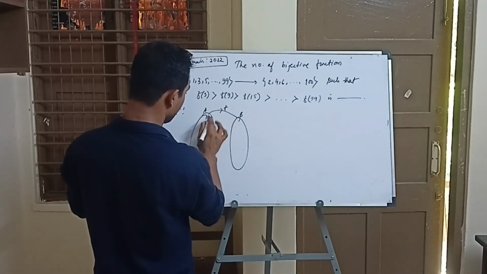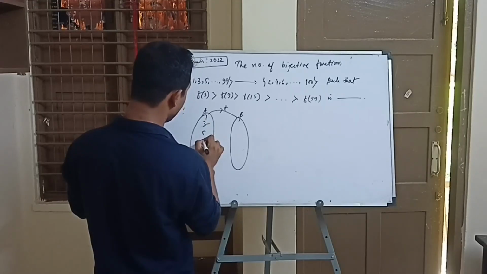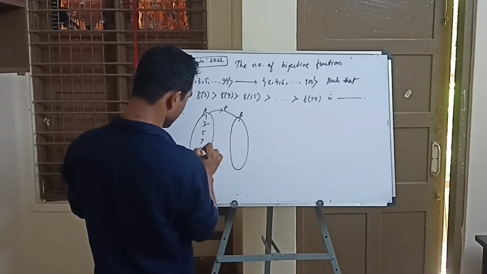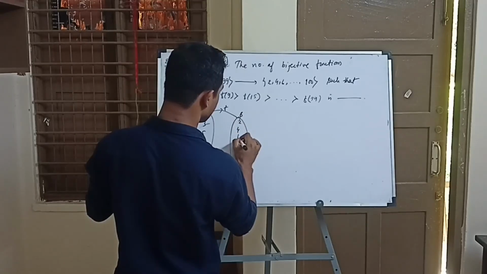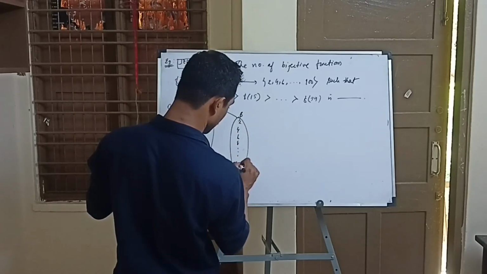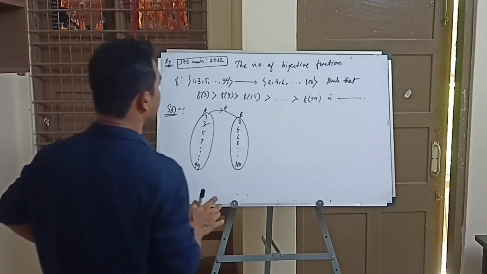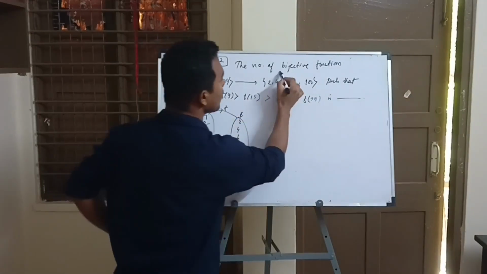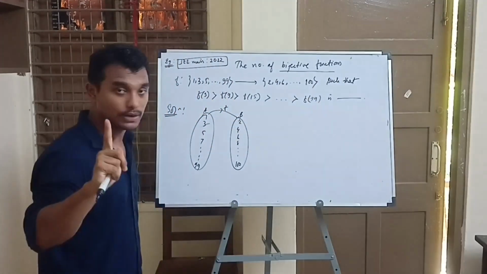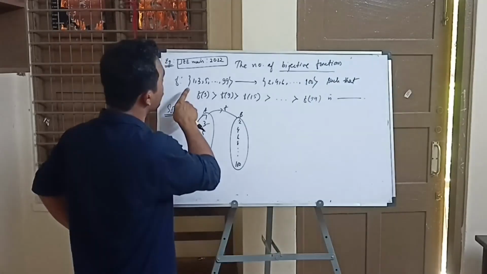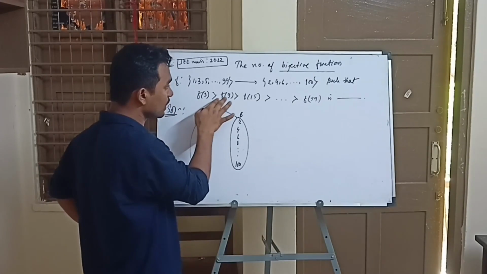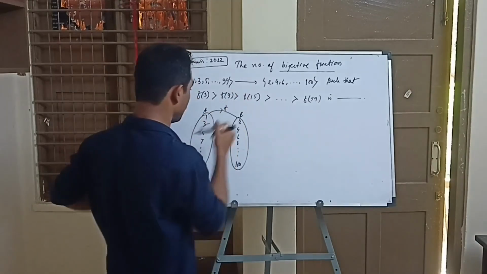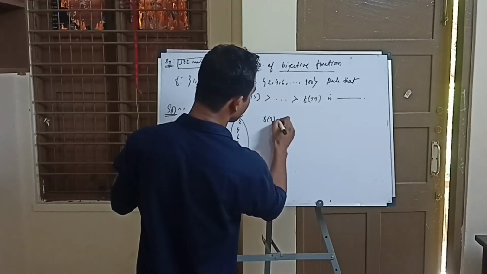A is 1, 3, 5, 7 up to 99 and B is 2, 4, 6, 8 up to 100.